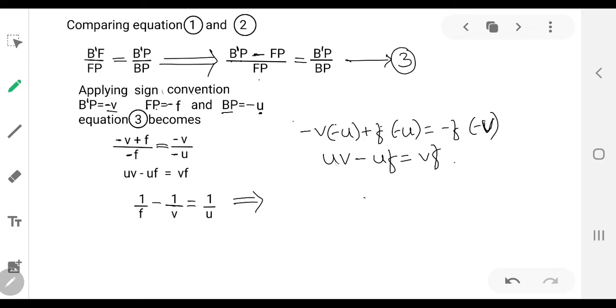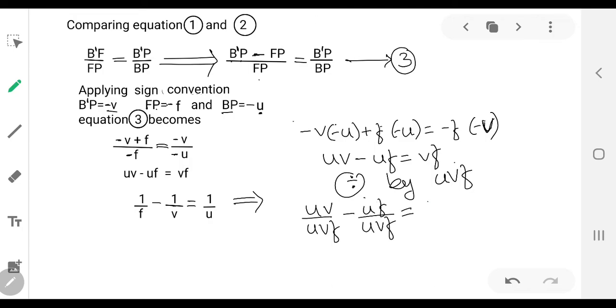Now divide the whole equation by UVF. So you are going to get UV divided by UVF minus UF divided by UVF is equal to VF divided by UVF. UV cancels here.